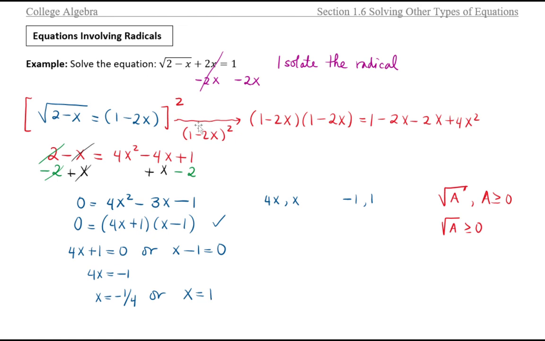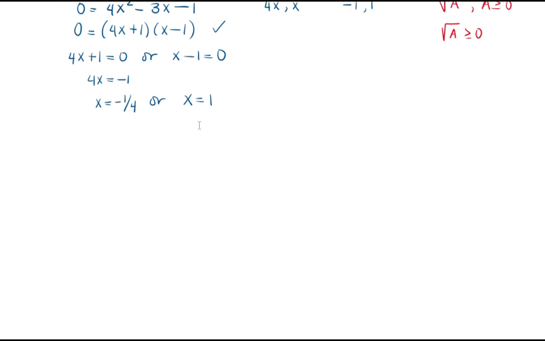It's like the fractional case, the rational equation case. So let's check them. In the original one, the original equation was square root of 2 minus x plus 2x equals 1. Now let's check these. If x is 1, what happens?